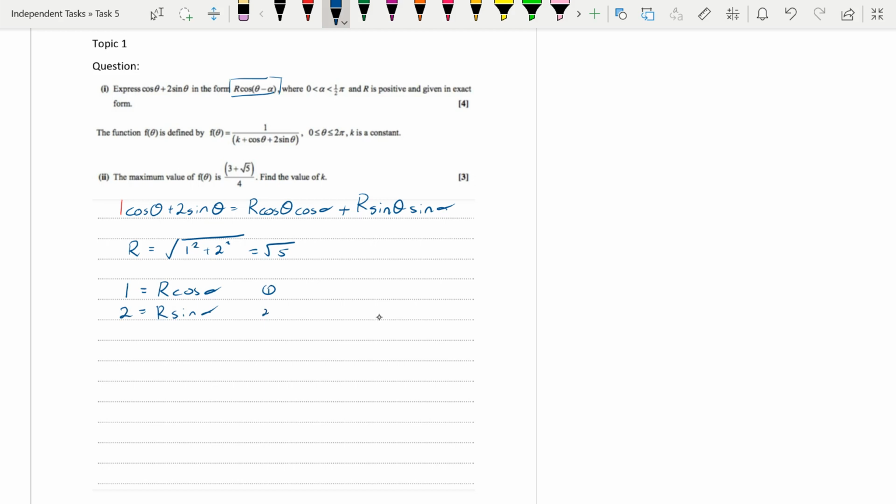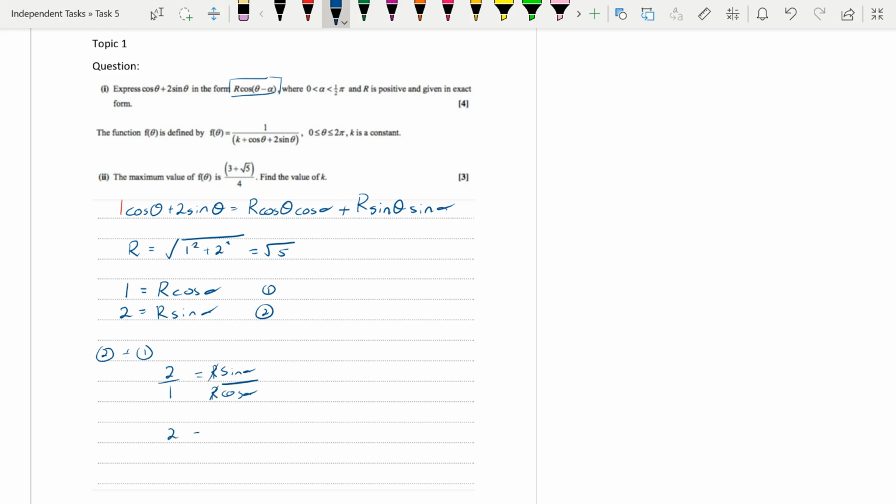So I've got equation 1 and equation 2. I'm going to try and make tan because I've got a cos and a sine. So I'm going to do 2 divided by 1, because I know that's sine divided by cos. So 2 over 1 is sine over cos. The whole point of this is that my R's cancel, so I can get rid of them.